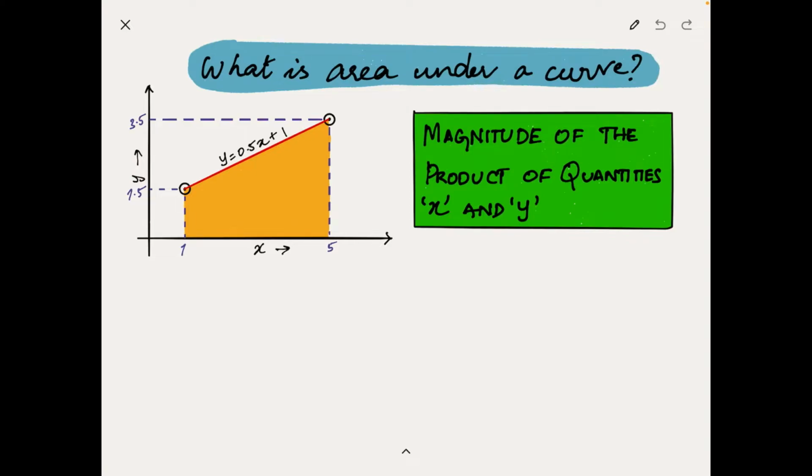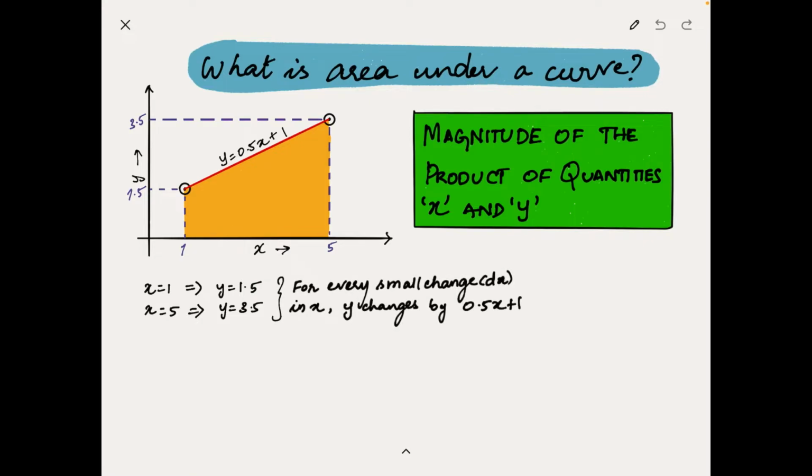Alright, now let's dig a little deeper. In this graph, when x is 1, we have y value as 1.5, and when x is 5, we have y as 3.5. We also have a function of a linear curve which we draw between these 2 points. The function of the curve implies that for every small change in x, which will be represented by dx, the corresponding y value will be defined by the given function.